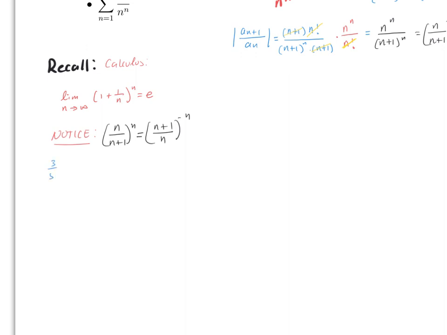Because (3 over 5) squared is the same thing as (5 over 3) to the negative 2. And the only reason why we want to do this is because we want to use this limit. Otherwise, you're going to have to use L'Hopital's rule and do the whole thing from scratch.